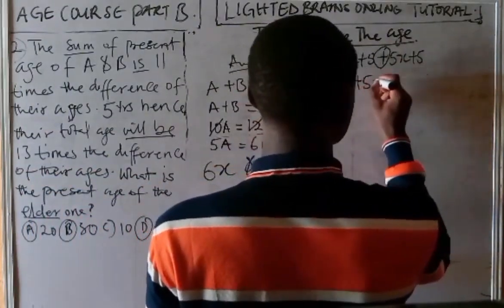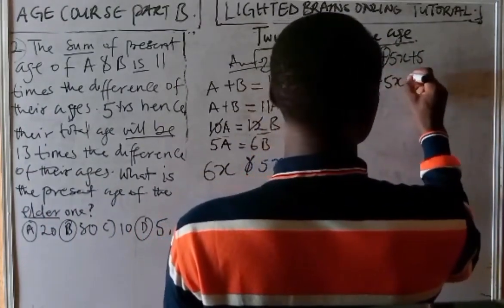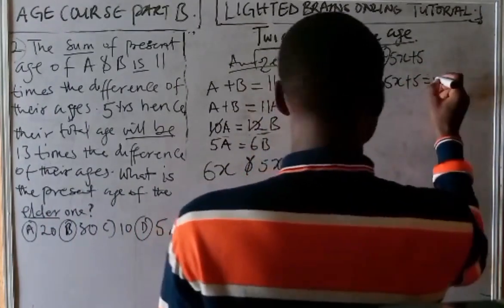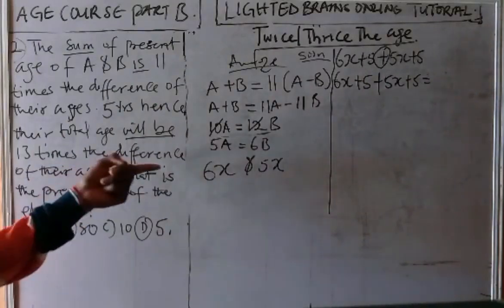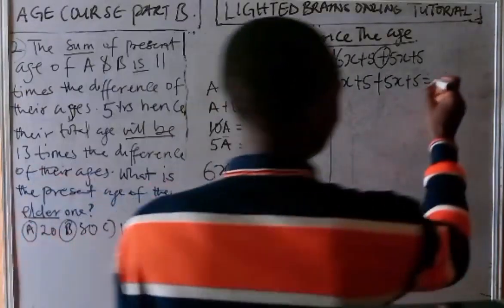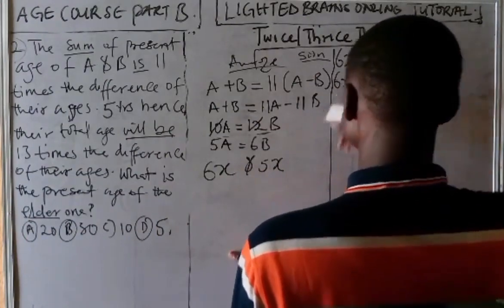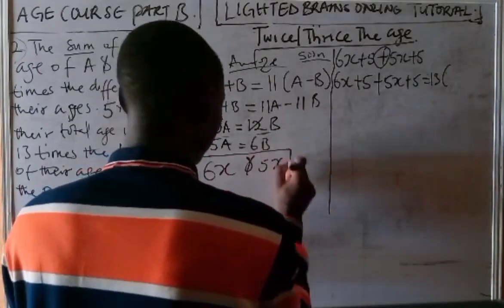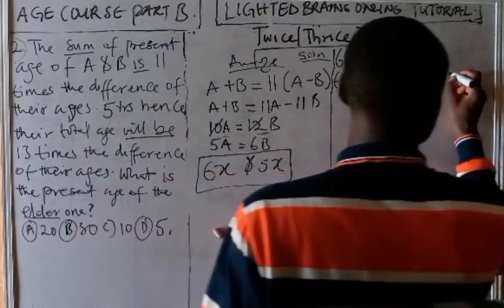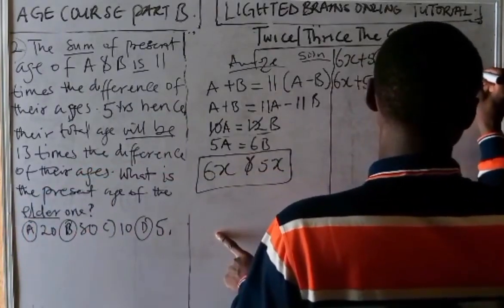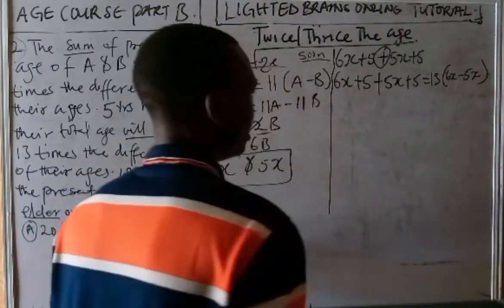So we have 6x plus 5 plus 5x plus 5 is equal to, they said, 13 times the difference of their ages. 13 into the difference of their ages, and their ages are 6x and 5x. So 13 times (6x minus 5x). Do you understand?